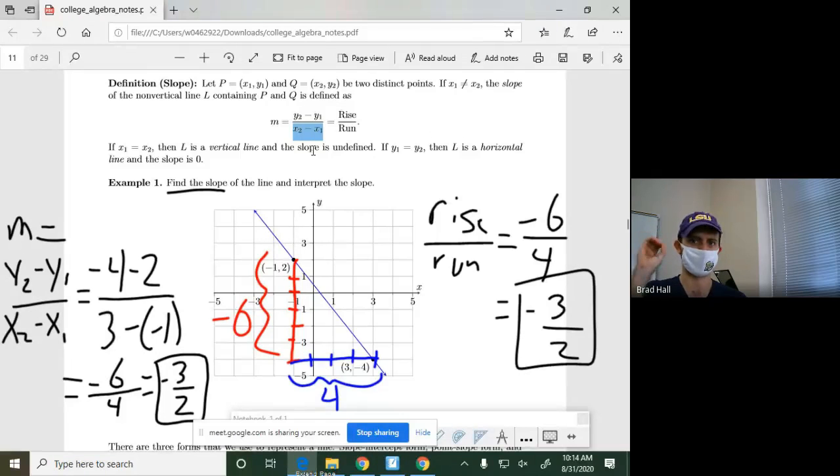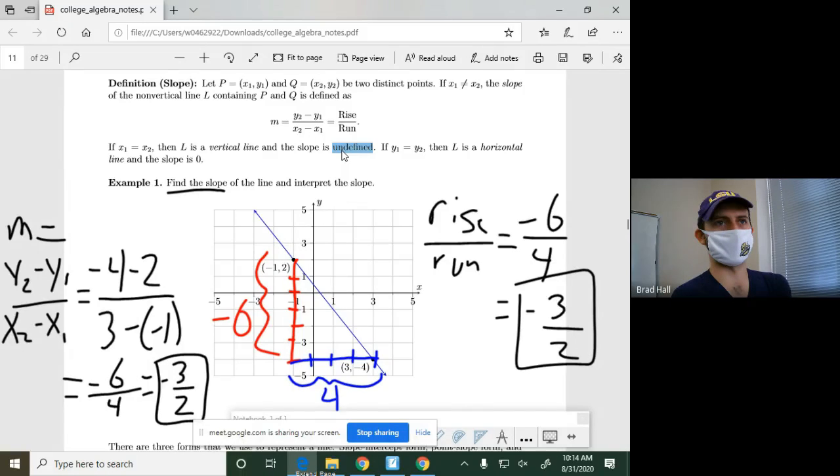And then you have a 0 in the denominator, which is lame. So what happens in that case? Why is that lame? Well, lame is a colloquial replacement of the more refined word, undefined. So 0 in the denominator leads to something that is undefined, which translates to a vertical line. If you missed that, it's written right here. Vertical line, slope is undefined in the notes right there.